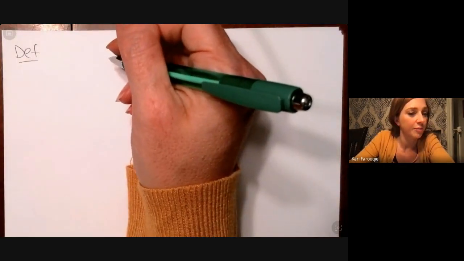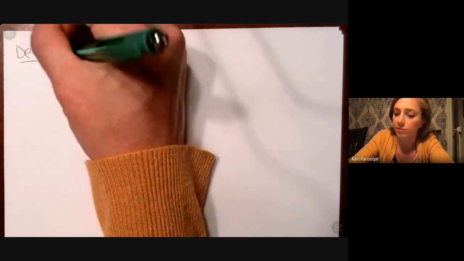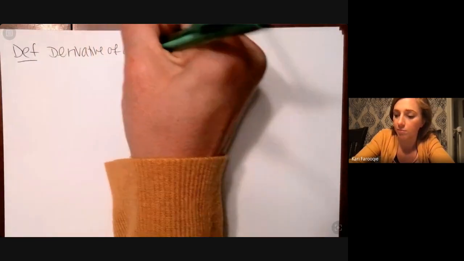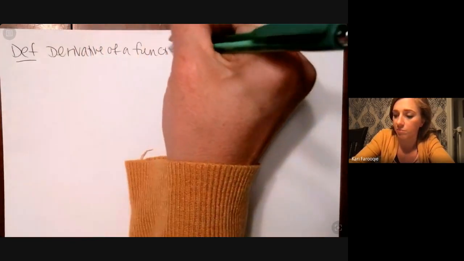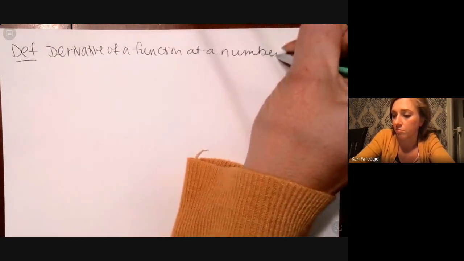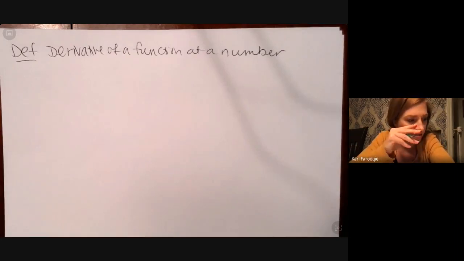All right, so let's formalize this idea then. Definition: derivative of a function at a number. So talking about finding the slope at a specific value of x.